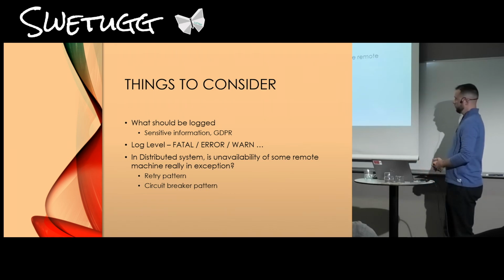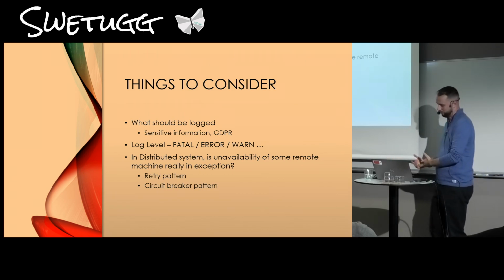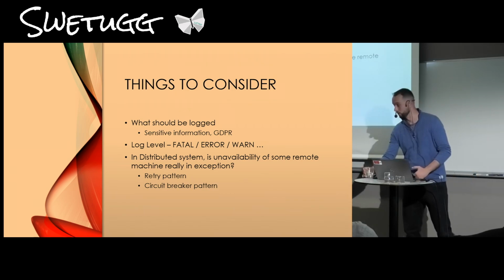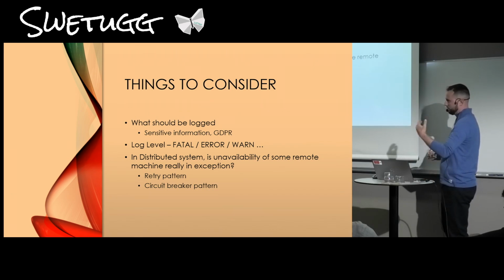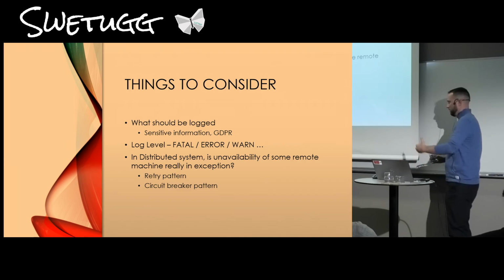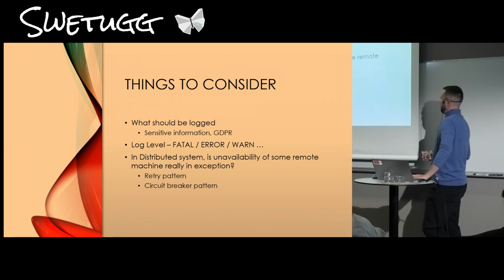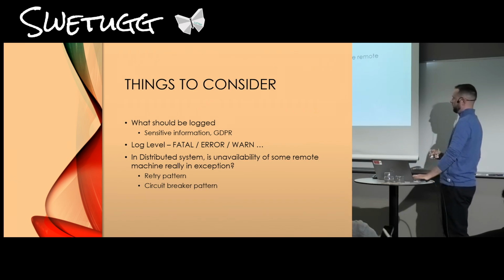Also, the log level should be considered, because from my experience, people usually log the exception as an error, like always. Always when there is an exception, they log it with the error level. But for example, in distributed systems, you might have some other machine that is not available, right? For example, you have a client-server application, and it's very common that the server is, let's say, not available or whatever, and it's not really an exceptional case, because it's normal that there are problems on the network and so on.